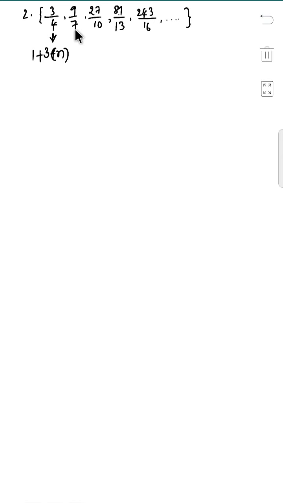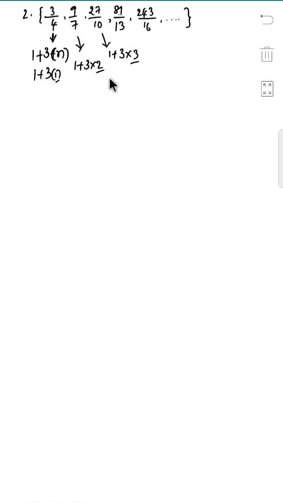See, the fourth is 1 plus 3, the 7 is 1 plus 3 into 2, the 10 is 1 plus 3 into 3. So we can generate 1 plus 3 into 1 for the first term, then second term, third term.